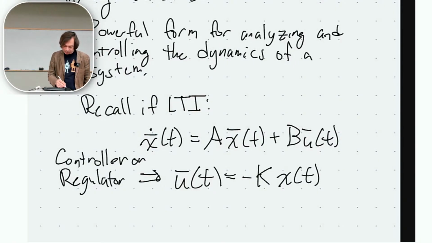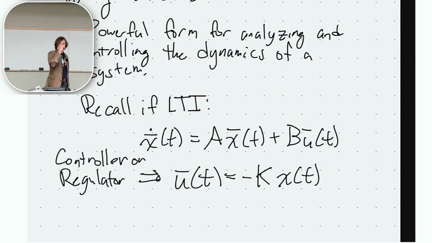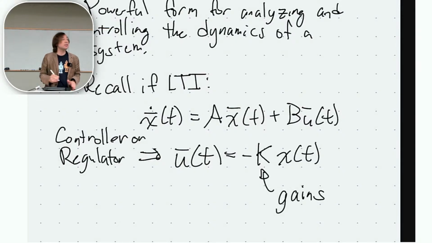What did this K stand for? What does it mean? We had a few K's in the past lectures. Yes? Gain. These are our gains. Remember we were choosing proportional derivative gains in our last lecture? Who chose them? We did, right?